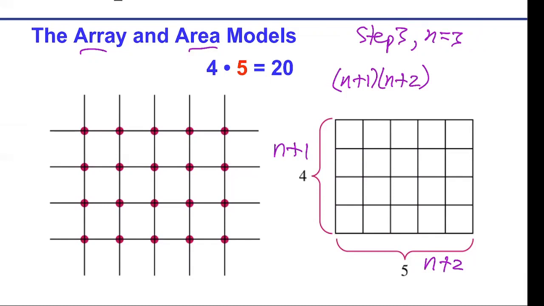If you do the distributive property, that's n squared plus 3n plus 2. So we can do a lot with area models. Notice I just turned it into algebra here. And we'll do a lot with fractions, as I said later.